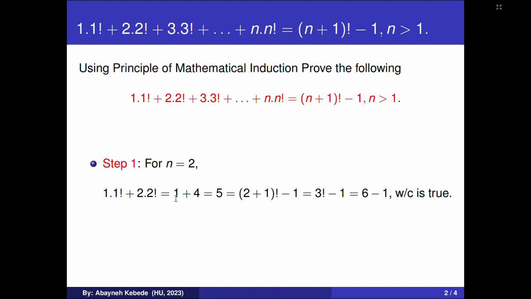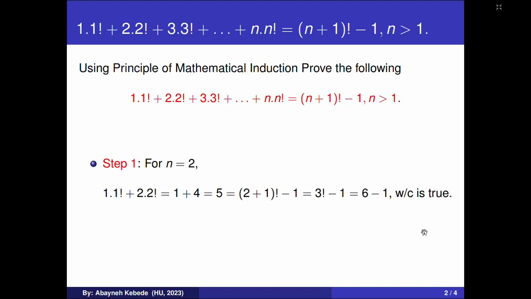So 1 times 1 is 1, 2 times 2 is 4, and 1 plus 4 is 5. The right hand side for n equals 2 is (2 plus 1) factorial minus 1. 2 plus 1 is 3, 3 factorial is 6, and 6 minus 1 is 5. So 5 equals 5, which is true.